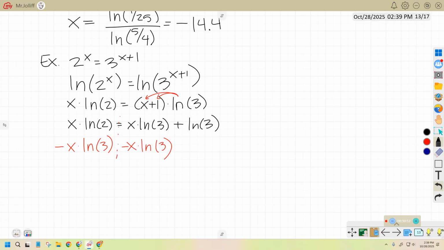And the question is, what does that leave us with? Those cancel. I'm going to factor my x out now because I know it's coming. Both of these terms have an x. ln of 2 minus ln of 3.